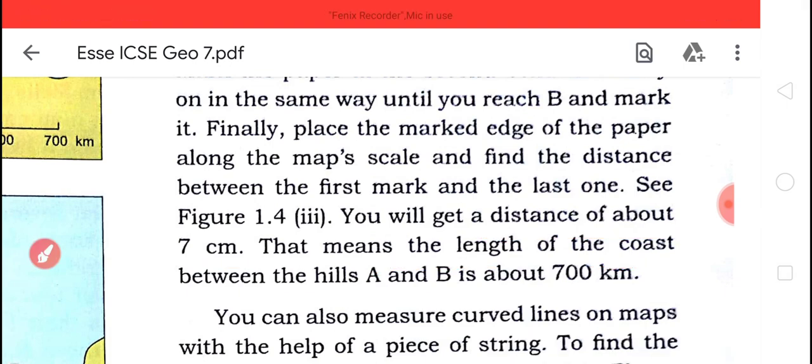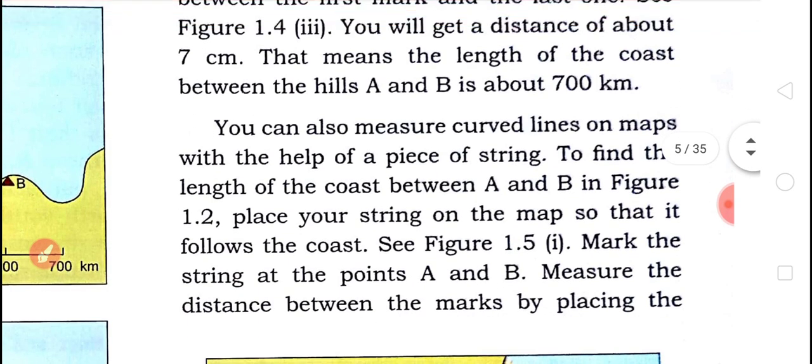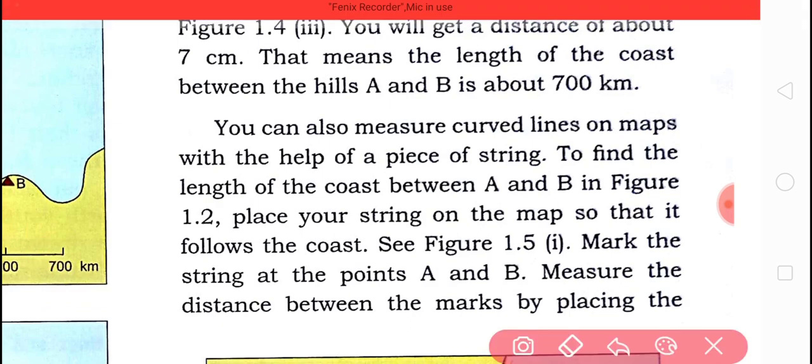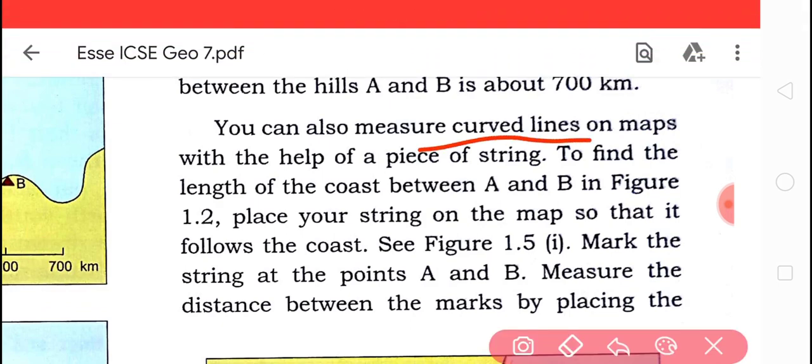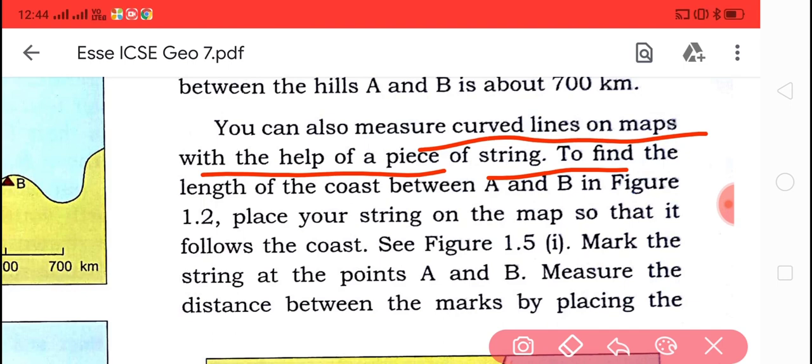You can also measure the curved lines of the map with the help of a piece of string. To find the length of the coast between A and B in figure 1.2, place your string on the map so that it follows the coast. See figure 1.5.